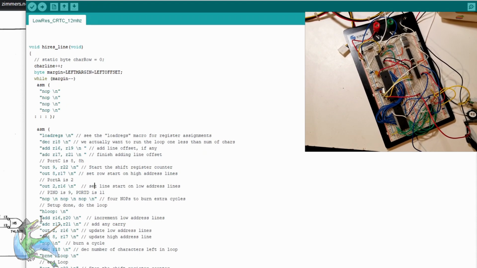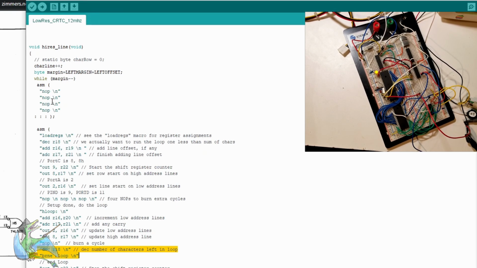On the loop, we increment. It takes 2 instructions to increment a 16-bit number. So from our starting address for the line, we add the increment, which is usually just 1 for the line. Then we update it. And then you might notice we just do a NOP, and then we see the DEC and the BRNE.